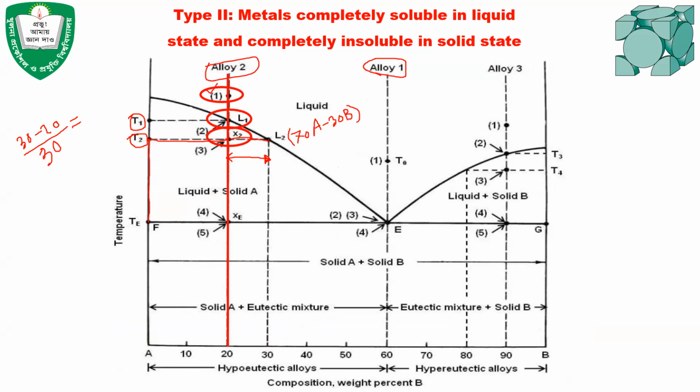This point is denoted as T2X2, this length, and X2L2. This length can be used to determine the percentage of solid and percentage of liquid. So far, do you have any questions here?